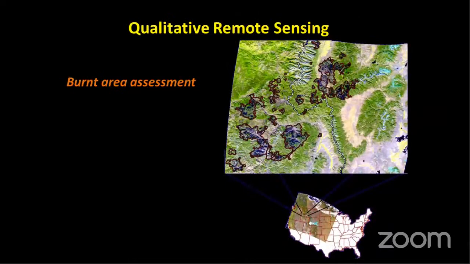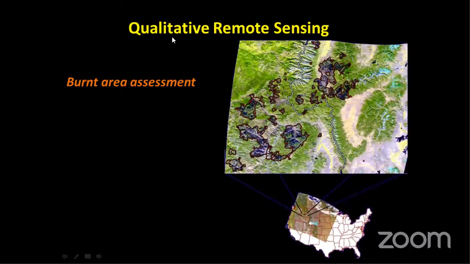See, in qualitative remote sensing, we can assess the burnt area. So where are these burnt areas? If I put a natural color composite, the burnt area looks blue in color. So where you see blue color, it is burnt area, and you can easily digitize these, and you can further do quantitative remote sensing, meaning how much burnt area happened.